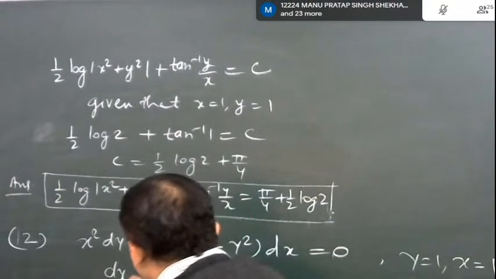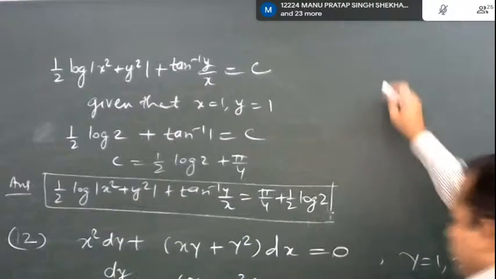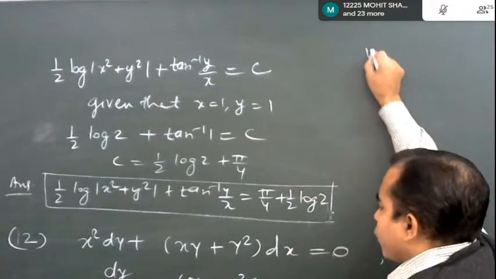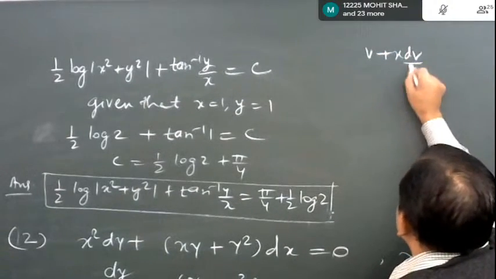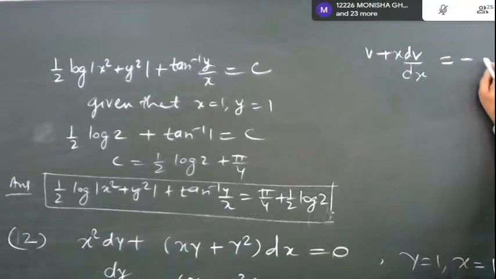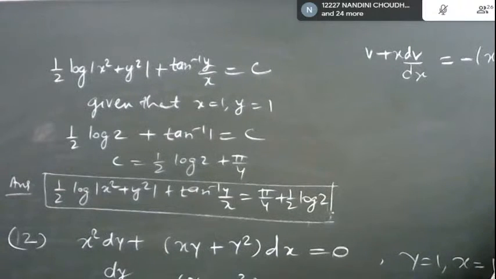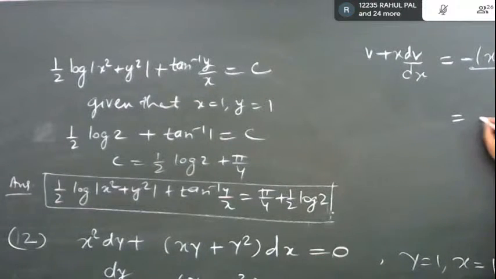So this will become v plus x dv upon dx equal to minus x in place of y, vx plus v square x square, whole upon x square. x square common, x into x square common and cancelled, and it will remain v minus, I multiplied inside, minus v square.